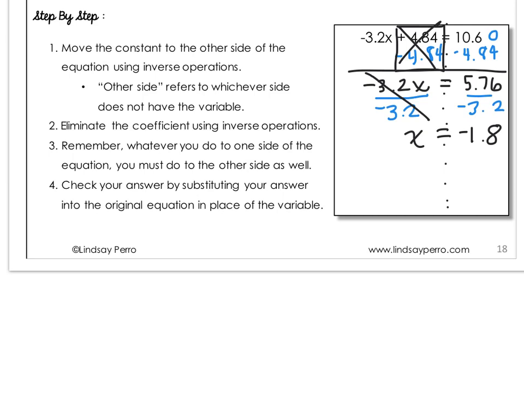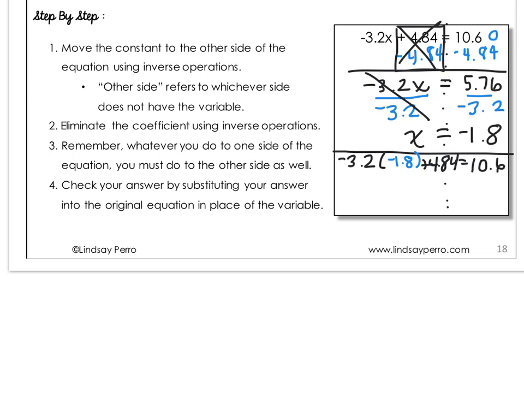Now just to quick check our answer, we're going to plug in negative 1.8 for x. Negative 3.2, and then in parentheses, negative 1.8, I think I'm going to run out of space, plus 4.84 equals 10.6.